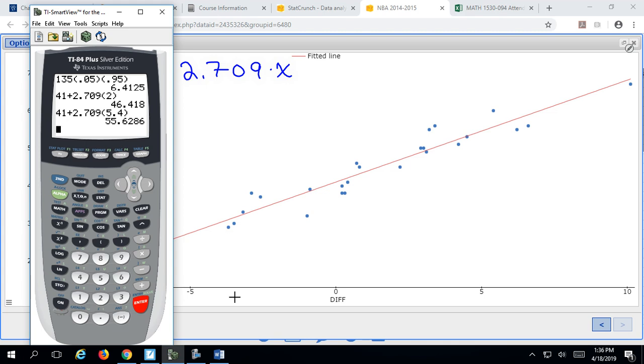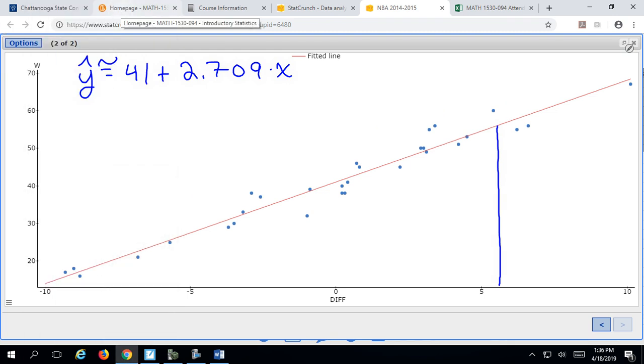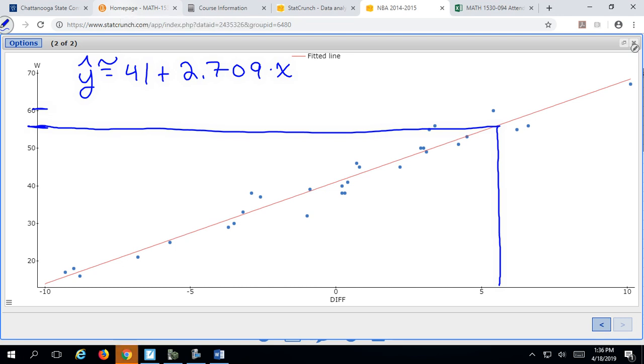So we would say their number of wins was above average. Okay? So they have a 5.4 differential that predicts only about 56 wins, but they actually got 60 wins. So there's a gap.